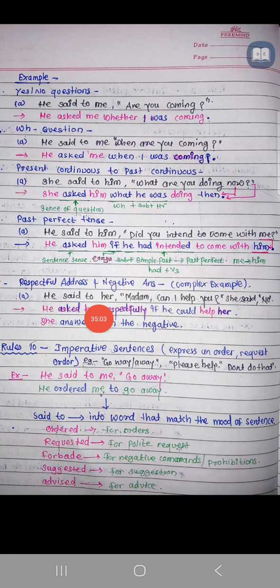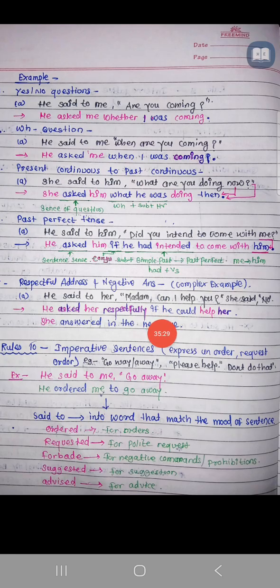Next, respectfully addressing and a negative answer. A complex sentence. For example, he said to her, "Madam, can I help you?" She said no. So how do we convert it into indirect speech? He asked her respectfully, because madam changes to respectfully. Why do I use if here?